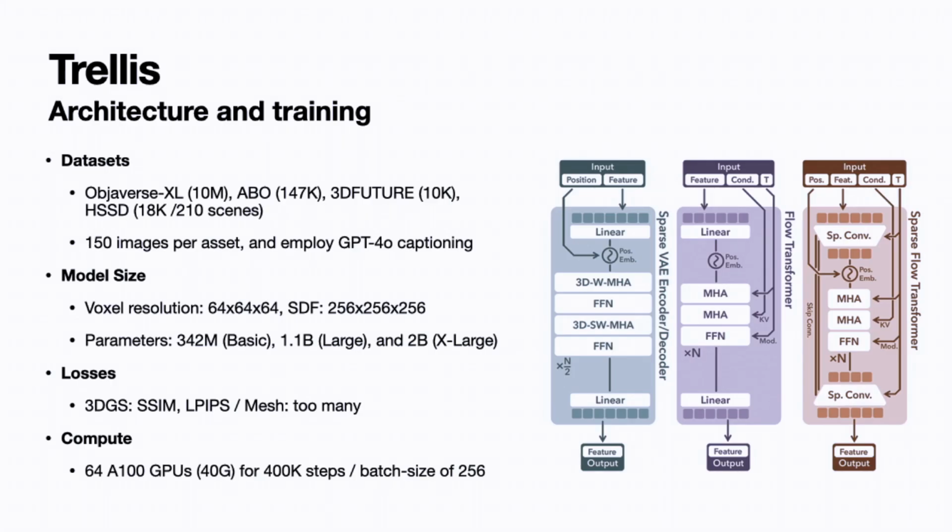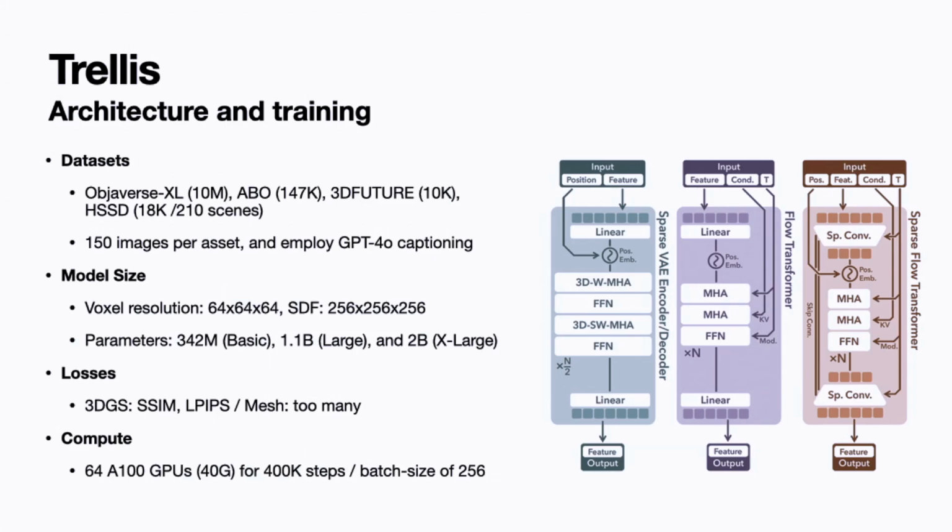You can see there are a bunch of attention layers, and the model was trained with not that much data, up to 12 million 3D objects. The voxel resolution of the latent space is 64 cubed, but the actual voxel resolution you get for this SDF function that creates the mesh is 256 cubed.